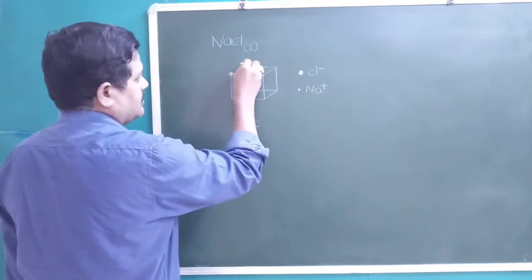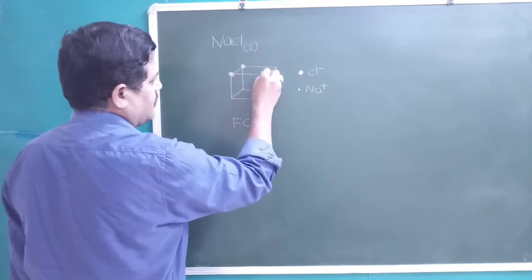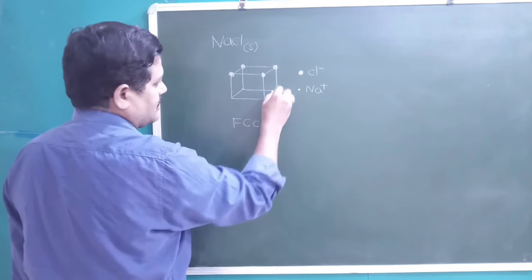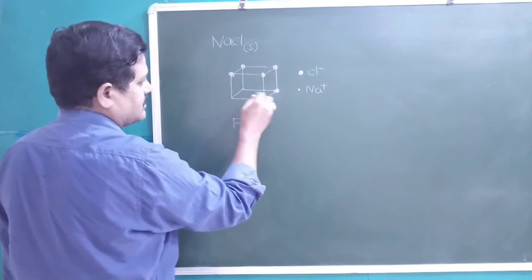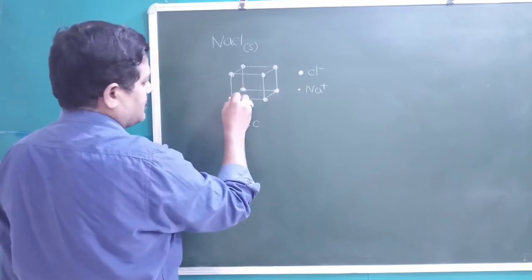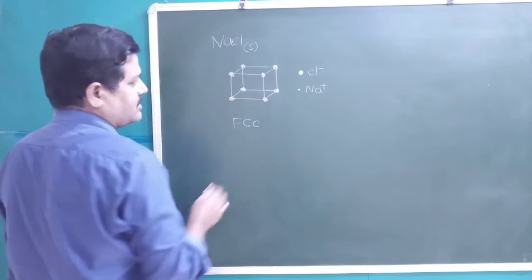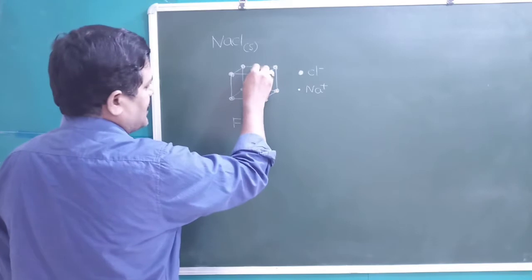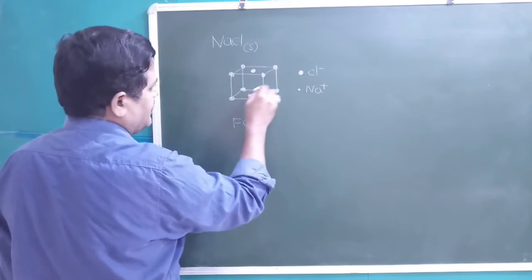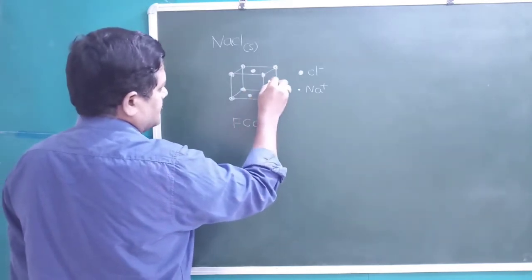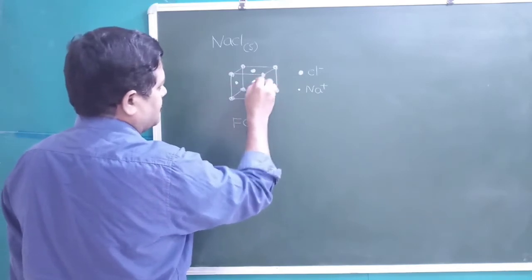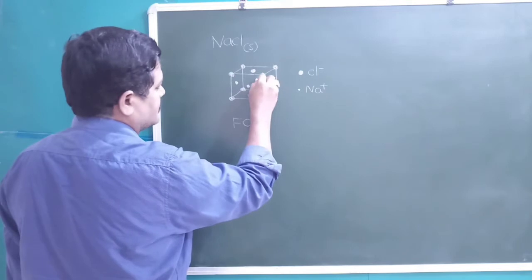All 8 corners of the cube are occupied by Cl minus, and the 6 face centers are also occupied by Cl minus.